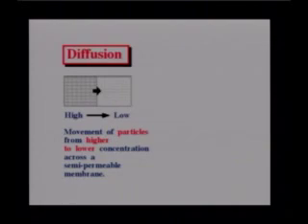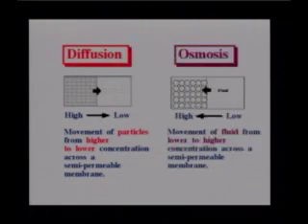This is what happens to electrolytes. So if there were a lot of electrolytes on one side of that semi-permeable membrane, they would tend to cross it to the area that is lower concentration. And this is diffusion. Now let's talk a little bit about osmosis.